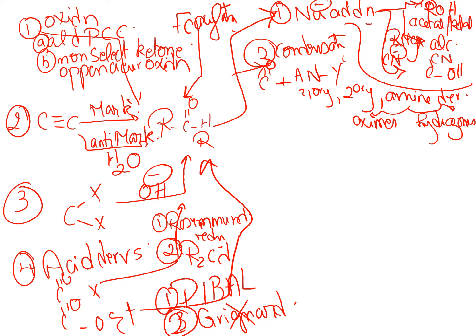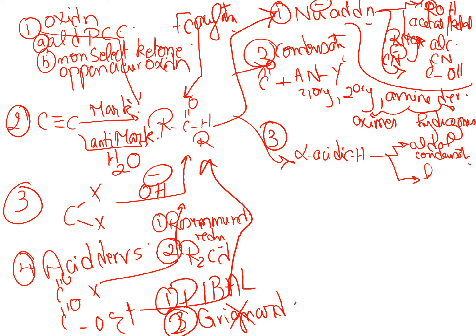Now, the third type of reactions is the reactions due to the alpha acidic hydrogen. And these were three types of reactions. These were the aldol condensation, the halogenation both in acid medium and in alkaline medium, and finally the Mannich condensation.